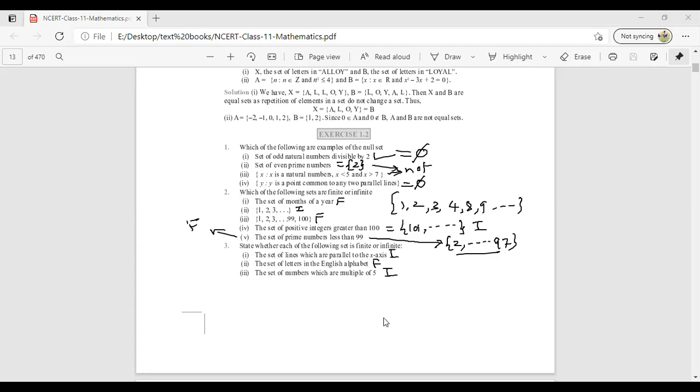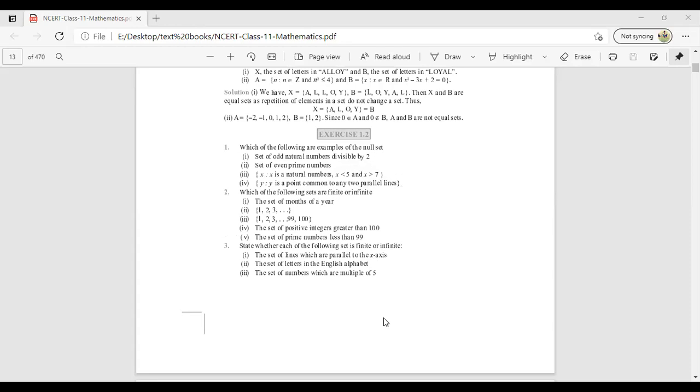So like this we can have answers. These are one-line answers, so that's why I'm doing it directly. And here also you can see, finite, infinite, yes, correct.